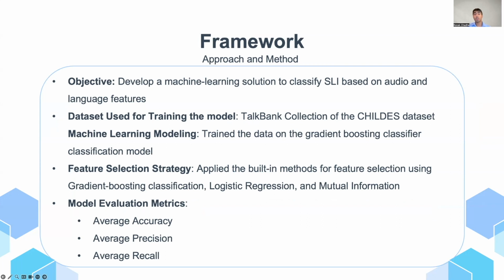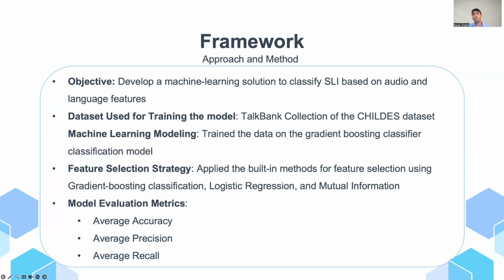I selected the TalkBank collection of the Child ES dataset, which consists of various subsets of narrative based tasks and involves children attempting to accomplish a wordless picture task. The other reason for selecting this dataset was that previous research had indicated its superiority for specific language impairment detection over other available options.